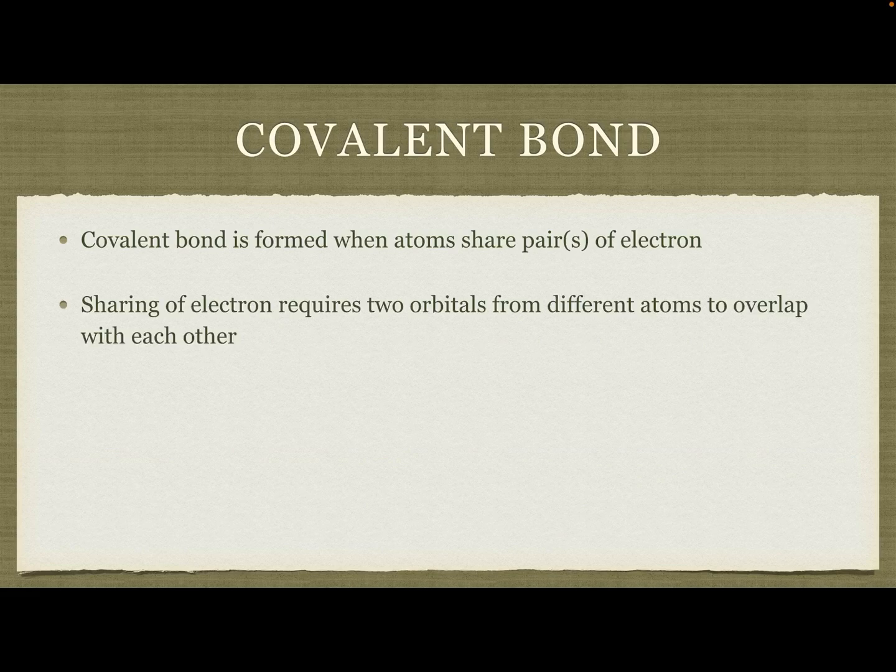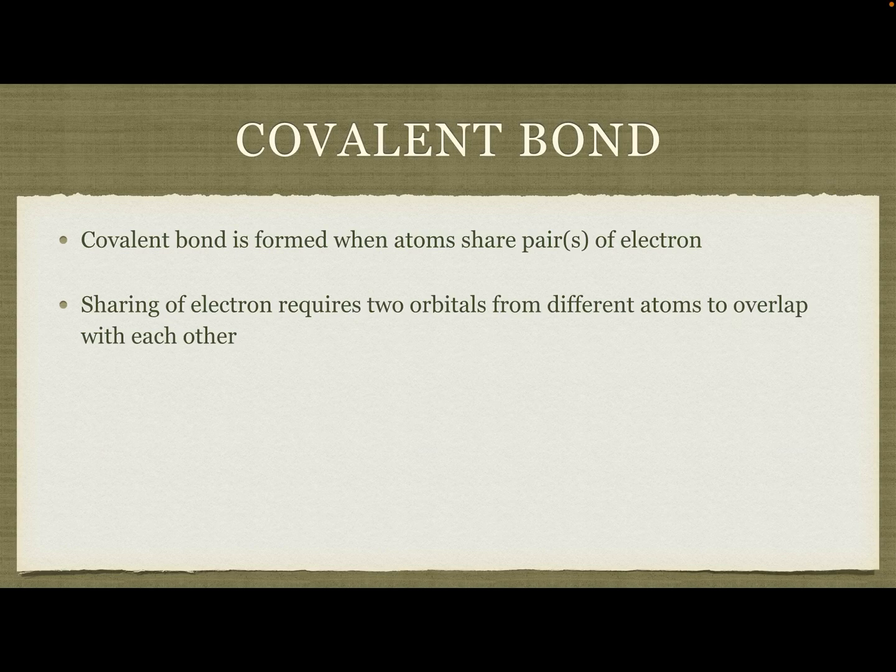Okay, so how did the sharing of electron happen? Okay, macam mana sharing of electron tu berlaku? Okay, sharing of electron requires two orbitals from different atoms to overlap with each other. Okay, we know earlier that the electrons are inside orbital. Okay, kedudukan elektron tu ialah dekat orbital.